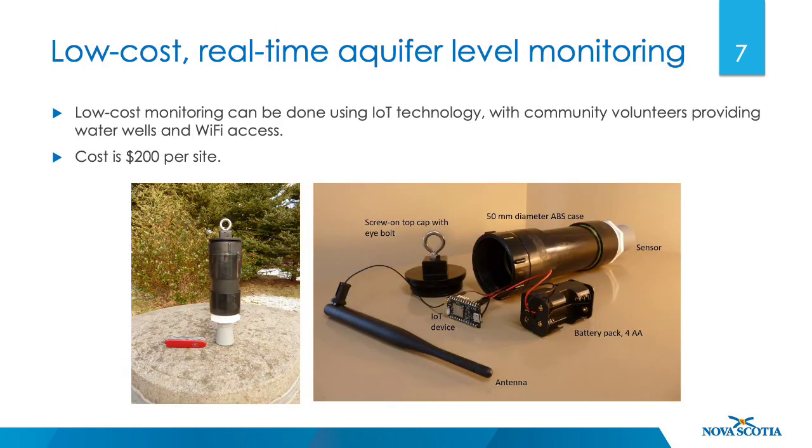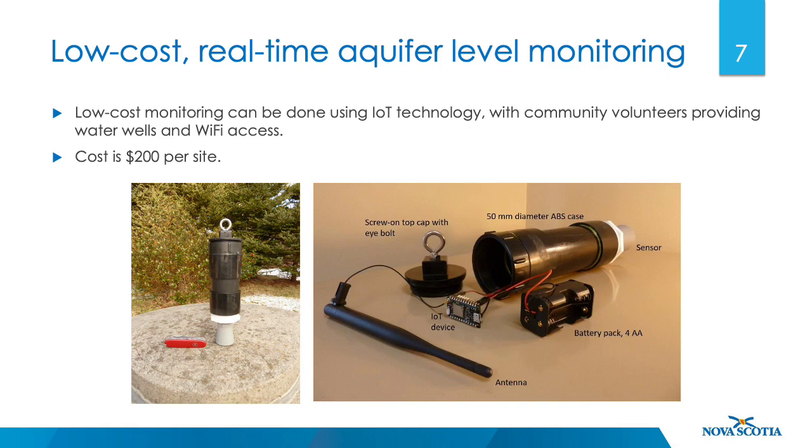So the goal of this project was to develop a real-time aquifer level monitoring network so that we would be prepared for future droughts in Nova Scotia. And we want to do this at a low cost, and we want to focus on shallow dug wells because these were the wells that were most likely to go dry.